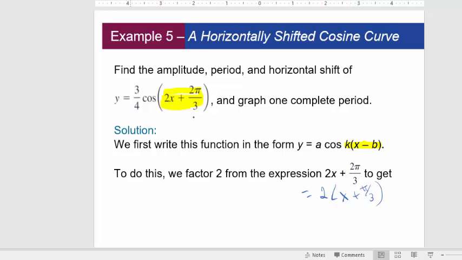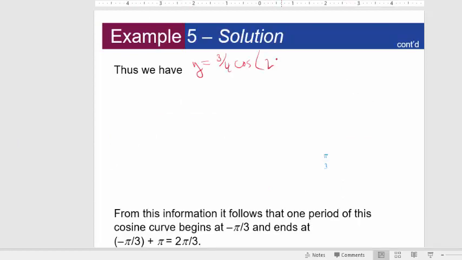So I want to write our function actually in this form. I'm going to write it as y equals 3/4 times the cosine of 2, and then parentheses x plus pi over 3. So now I can clearly identify what my amplitude, what my period, and what my horizontal shift is going to be, right?